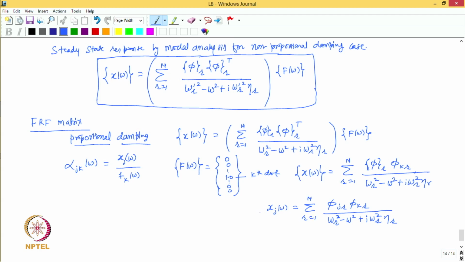This is nothing but the frequency response function alpha j k, because it represents the steady state response amplitude at the jth degree of freedom due to a unit harmonic force applied at only the kth degree of freedom. We can also write down the FRF matrix, because this is the relation we have got between x of omega and f of omega. The coefficient matrix must be the frequency response function matrix.